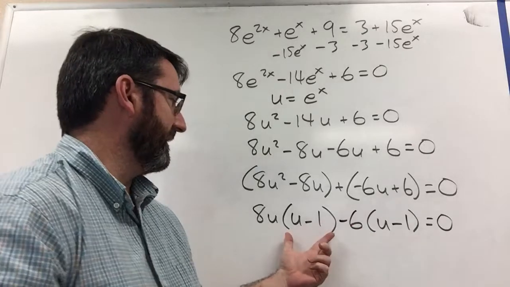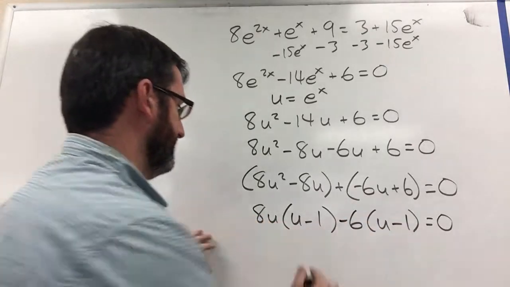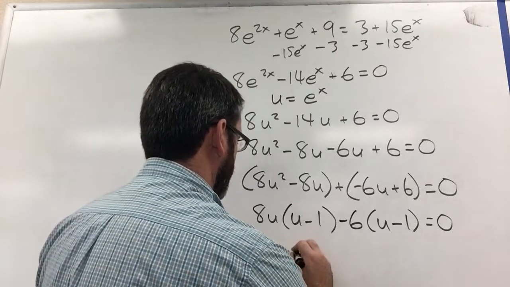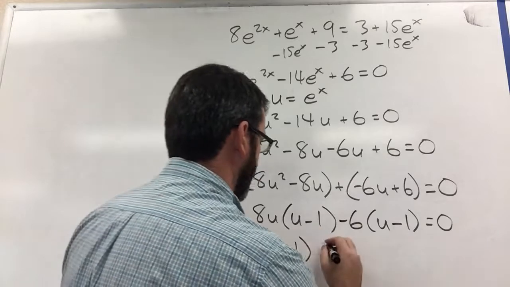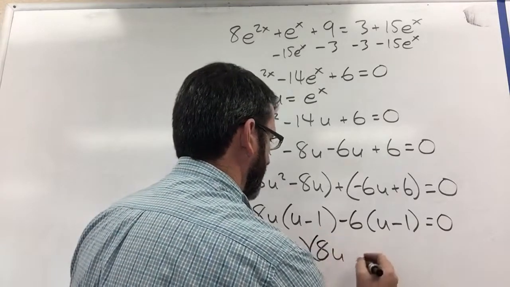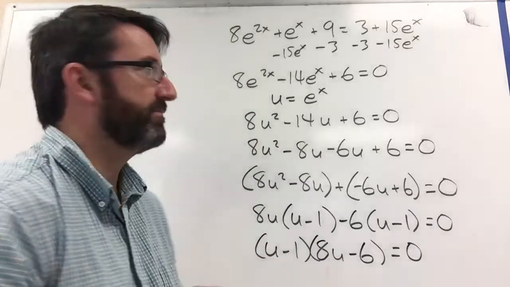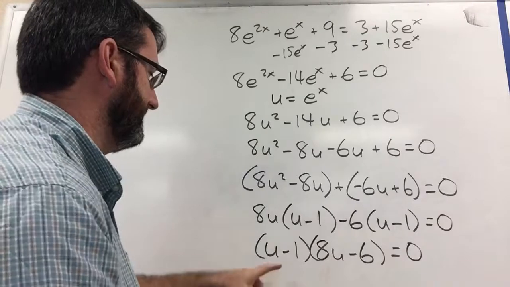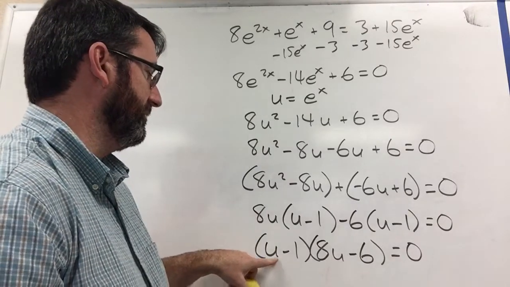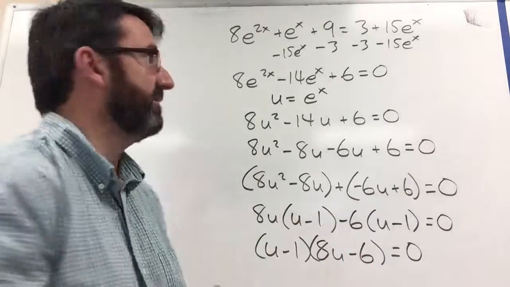And then now we've got u minus 1 as a common factor to both of these terms. So we'll factor that out, u minus 1. And what we're left with is 8u minus 6. And so what this means now is that u is either equal to 1 or 6/8, which is 3/4.